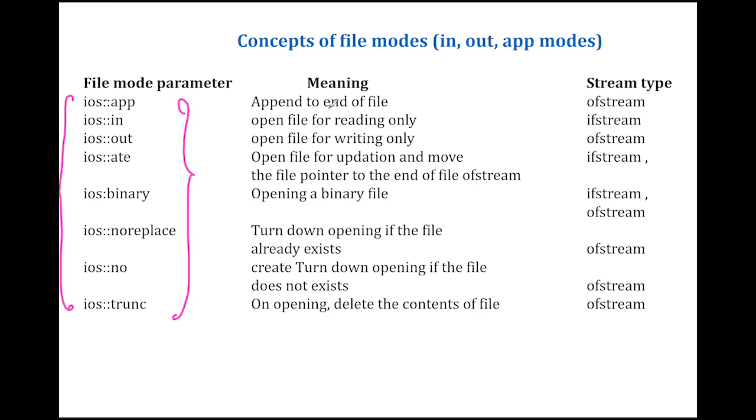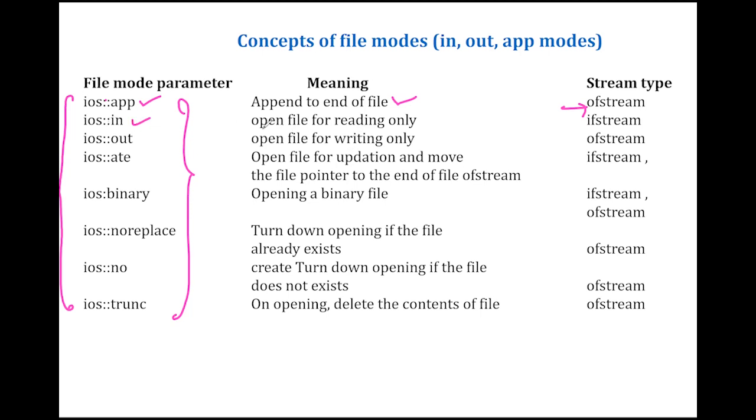This is nothing but append to the end of the file. So this is the mode. If you're opening a file using this parameter, it means I have to add the content, whatever I'm doing now, to the end of the file. So these are the streams to which it belongs. Of course, since we are adding something into the file, it belongs to the output stream.